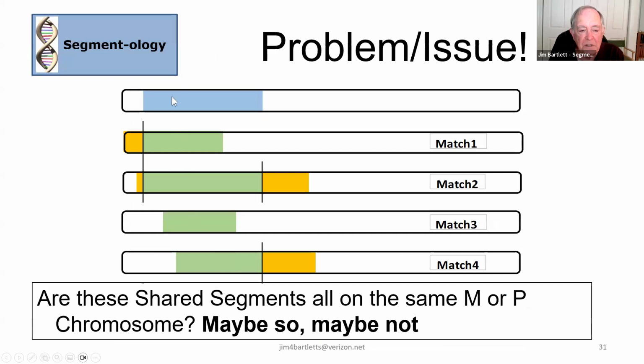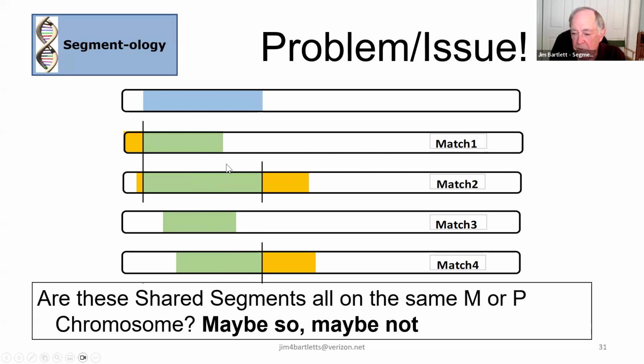So these 4 matches here would form a group, and they'd all be the same. Are they all on the same maternal or paternal chromosome? There's the rub. Maybe, maybe not. This could be a match who matches you on your father's side. If this is your father's segment you got from your father, maybe they matched you there, and maybe here, but maybe this one right here was a match to your mother's DNA.